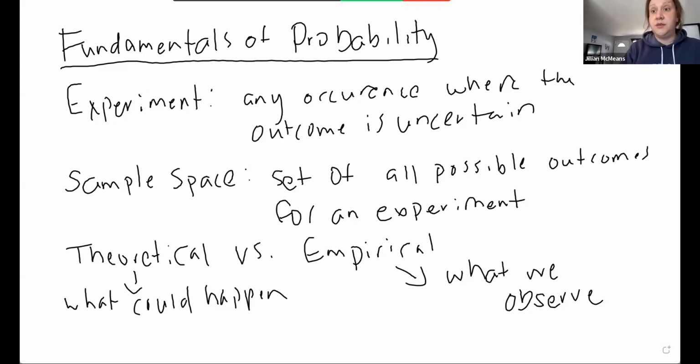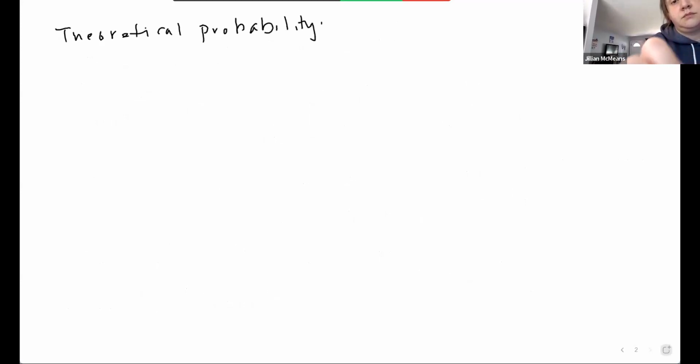So let's look at theoretical probability first. Again, this is what could happen. In theory, if I roll a die, what is the probability this could happen? For theoretical probability, we always write it as the probability of whatever.